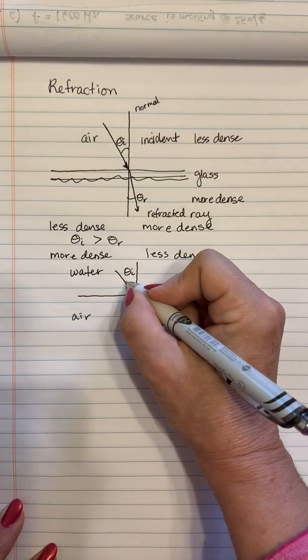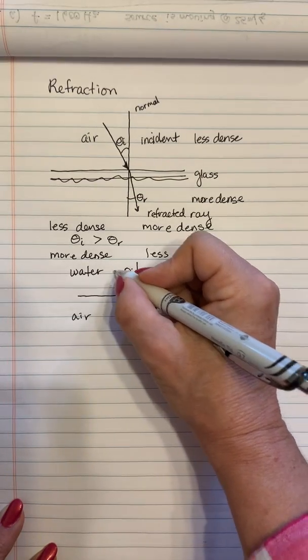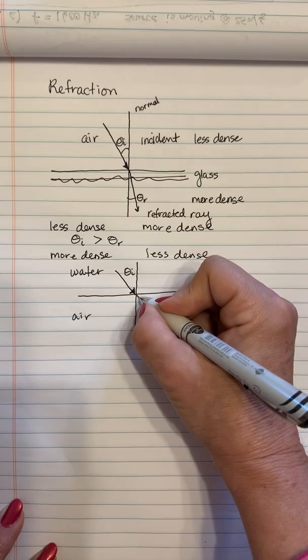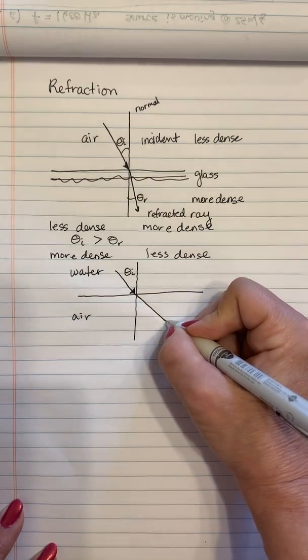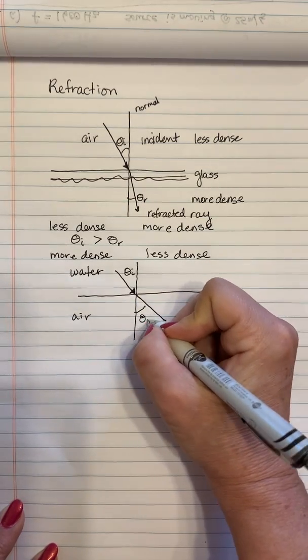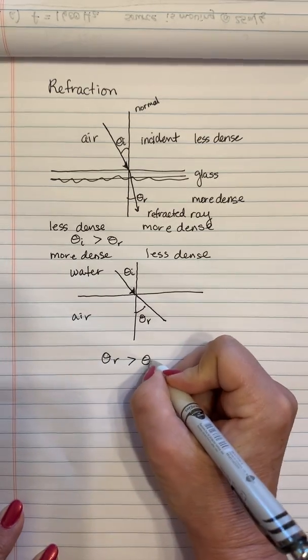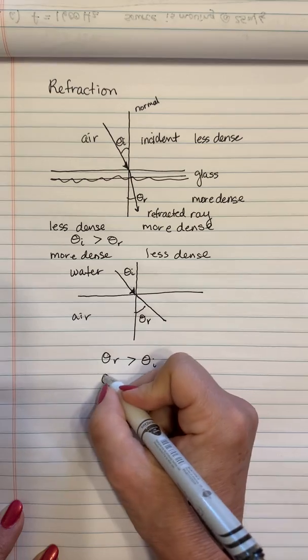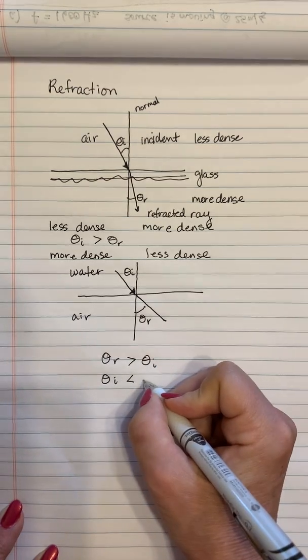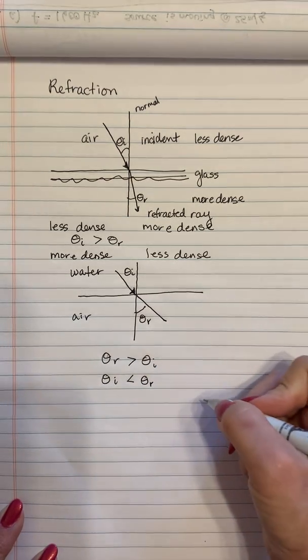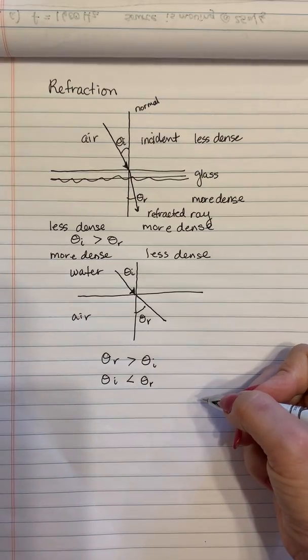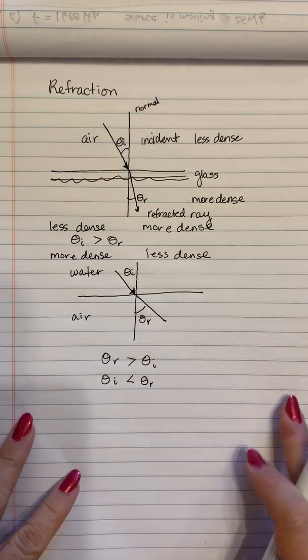As it goes from a more dense to a less dense, the angle is going to actually be increased. So theta r is going to be greater than theta i. Or if you want to put the opposite, theta i is less than theta r. So those are basically the rules.